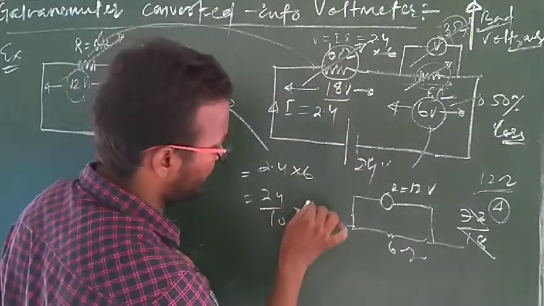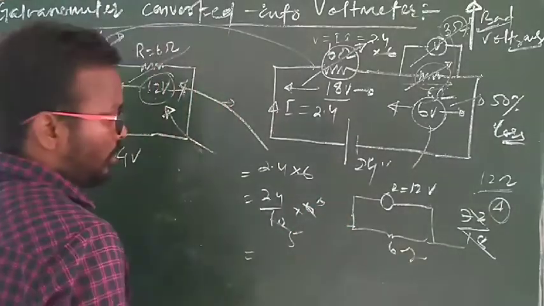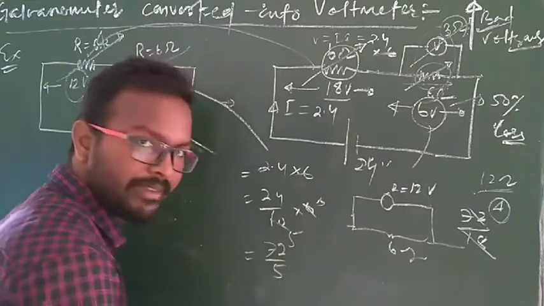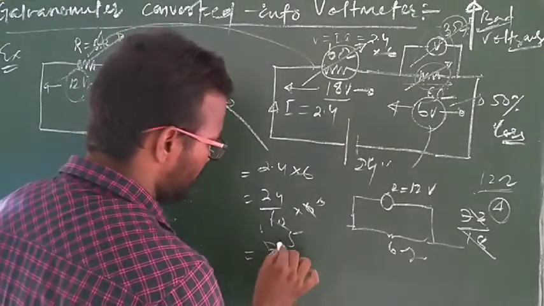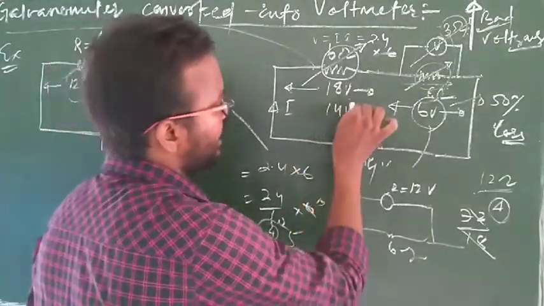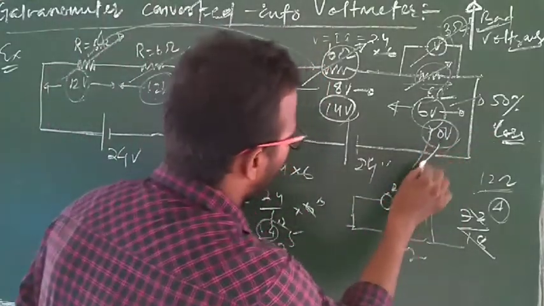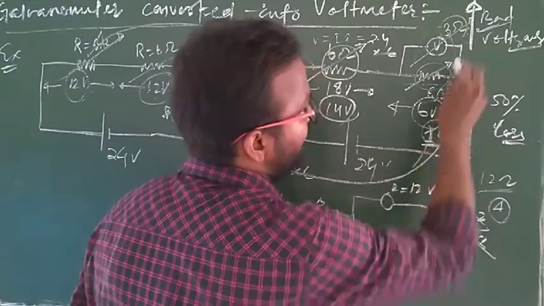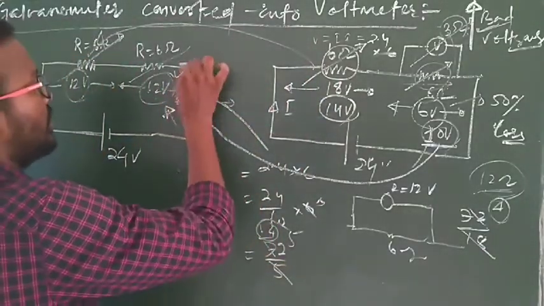Clear? Or 24 by 10 into 6, which is 72 by 5, that is about 14 volt. It drops 14 volt, and the remaining drops 10 volt. So this is nearer to 12 volt, because we get 10 volt after using a voltmeter whose resistance is 12 ohm, which is nearly equal to the initial value.